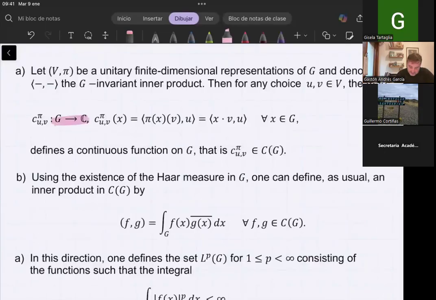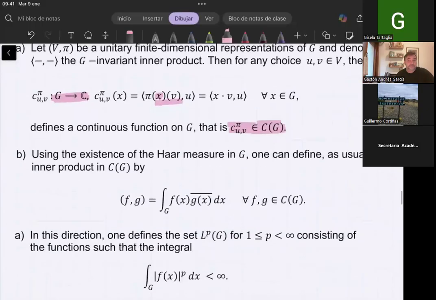We take any element of the group, let it act on a vector, and take the inner product with the other vector. This gives us a complex number, and it gives us a continuous function from G to C. So these functions are in the set of continuous functions of G.